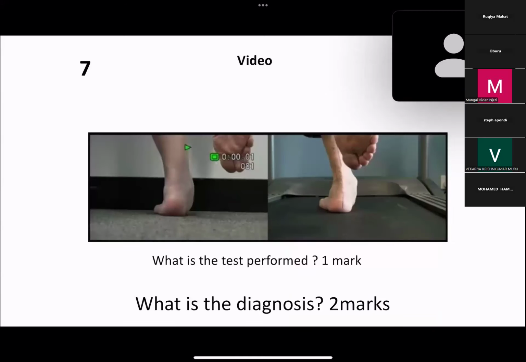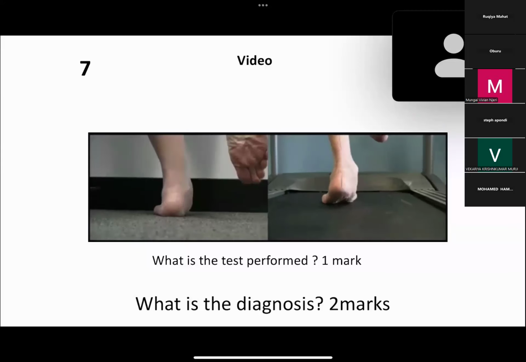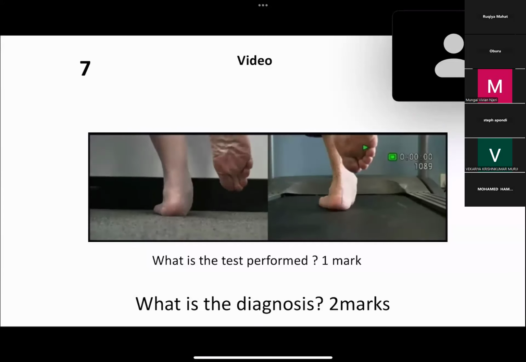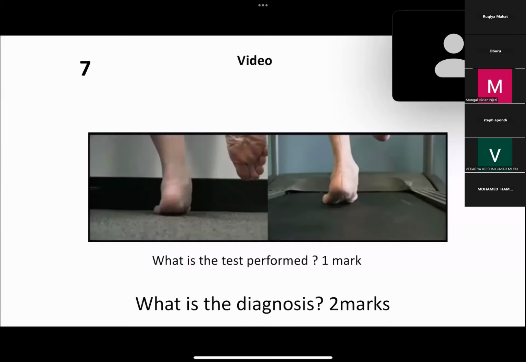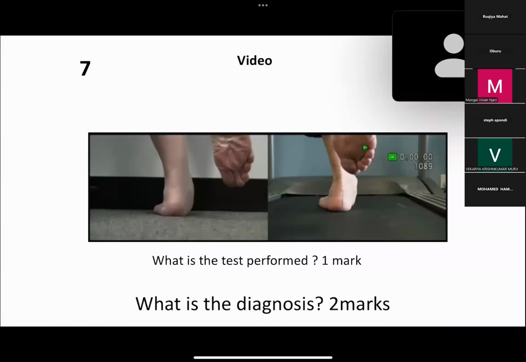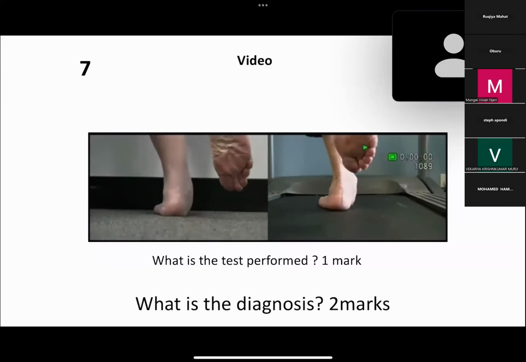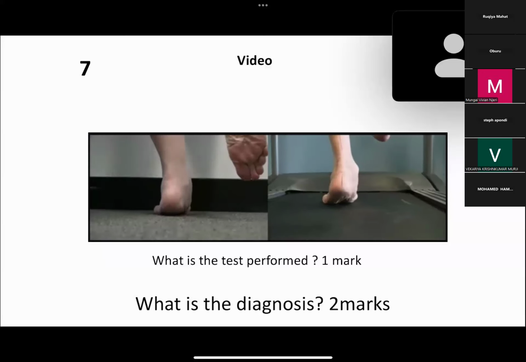Now, this one many people did not get, but you always get one crazy student or two who get it. So you can see the patient is really struggling to raise that heel. So what is this? This is called a single heel raise test.